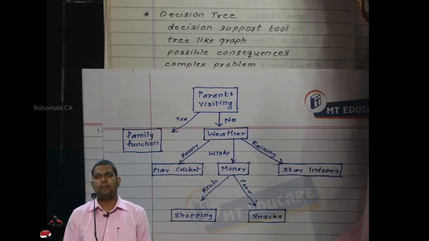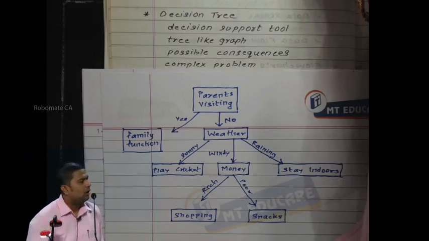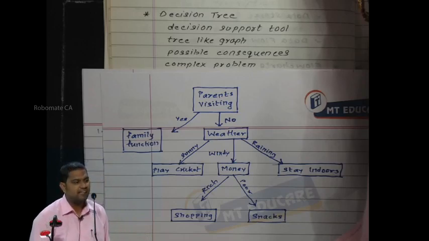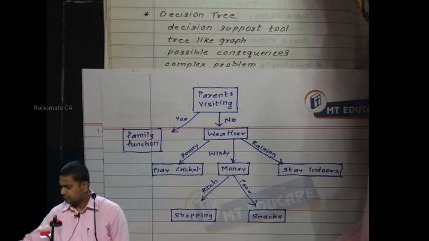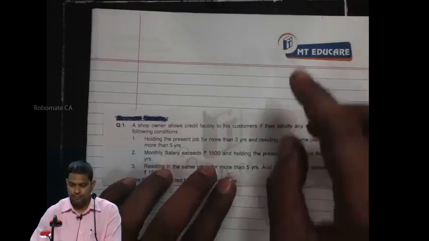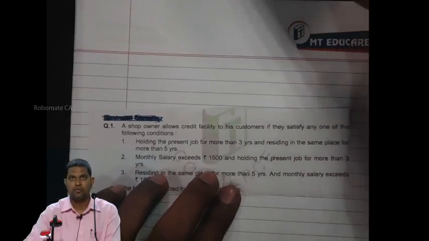Like for example, a shopkeeper allows credit facility, but he allows credit facility based on some conditions. And the conditions are, it is also the problem. We will be solving this problem.